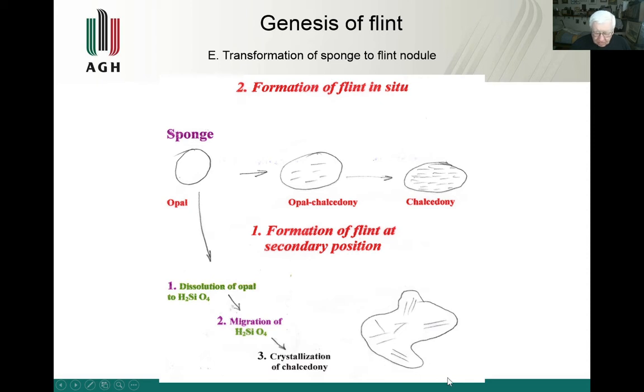Because, for example, if we beat this flint from this direction, we may obtain flakes of this size. But at this part of the flint, chalcedony is orientated another way than there, so it's impossible to obtain a flake or blade this long.